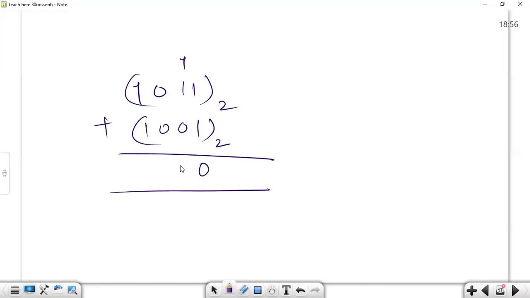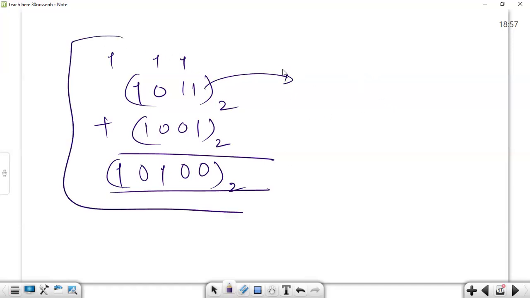So it will become 0 with carry to the next place. 1 plus 0 becomes 1. 1 plus 0 becomes 1. 1 plus 1 becomes 0 with the carry 1 to the next place, which is 1 plus nothing becomes 1. So this is the answer. Clear? Any doubt? No doubt, sir.